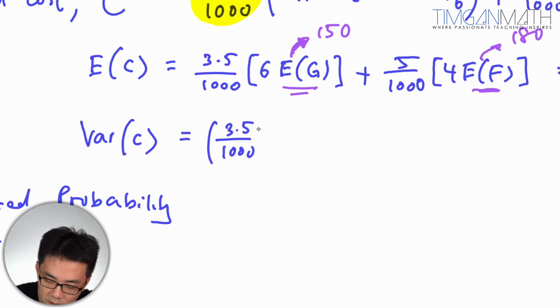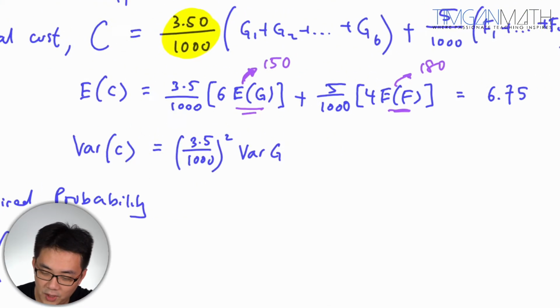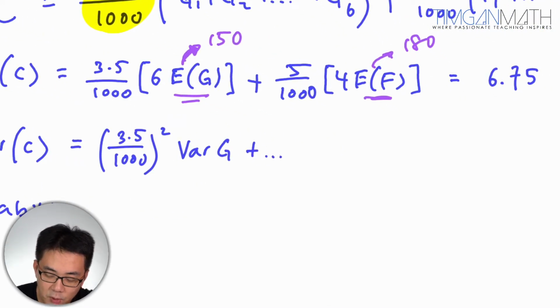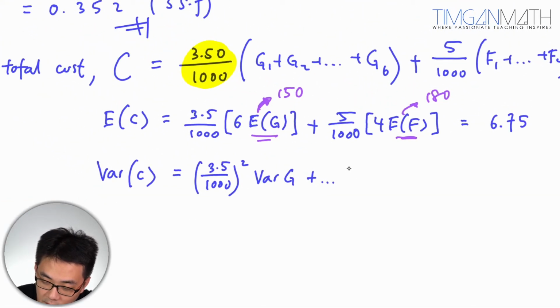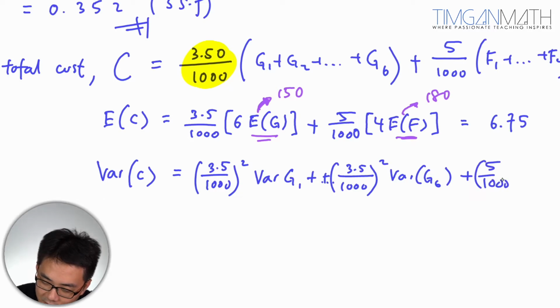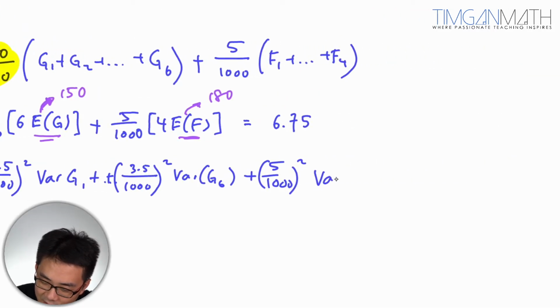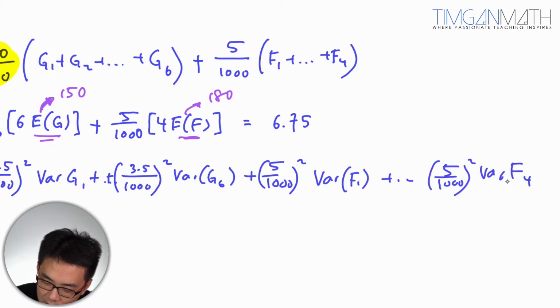The coefficient needs to be squared. So it's 3.5 over 1000 squared times variance G1, you basically do it 6 times, all the way to variance G6. And this case will be 5 over 1000 squared times variance F1 all the way to variance F4. There's a lot of things to write.